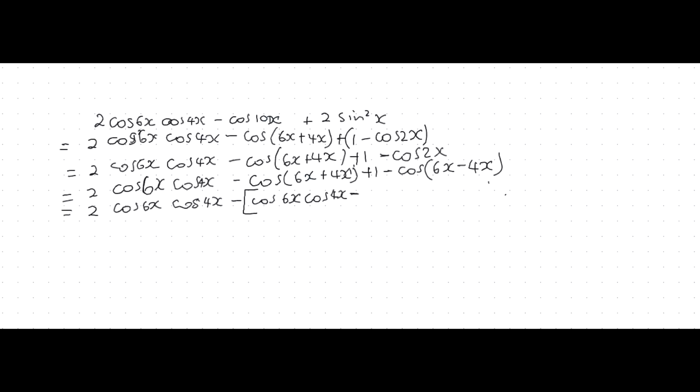Then I have sine 6x sine 4x. This one is for this term. Then I have the one back. Then I do the same thing for the last one. So I have brackets again, big one. Then I expand using compound angles. It's cos 6x cos 4x. Since I have a negative now, I'll have a plus. It's going to be sine 6x sine 4x.